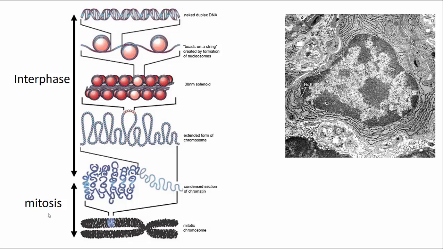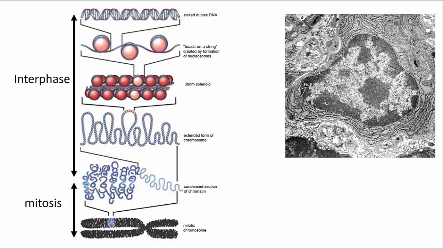Now, historically, when people have looked at cells under the microscope, they've done something called electron microscopy, and this type of microscopy looks at the density of different structures within a cell. And so this particular figure shows a nucleus. So here's the nucleus in the middle.